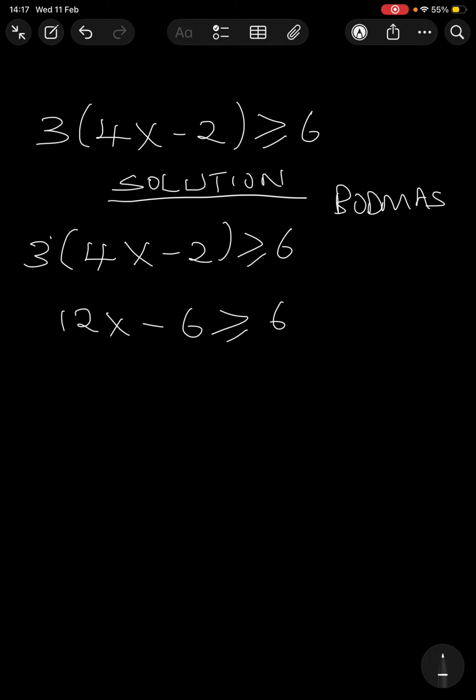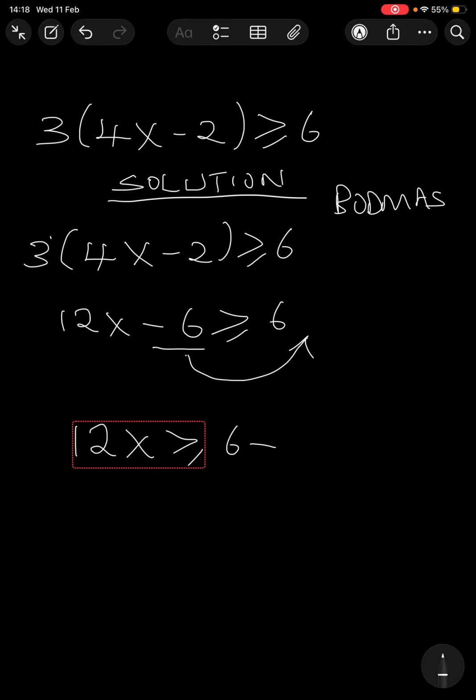Next, make x the subject. So if you take minus 6 to the other side, it becomes positive. So this one becomes 12x is greater or equal to 6 plus 6, which is 12.